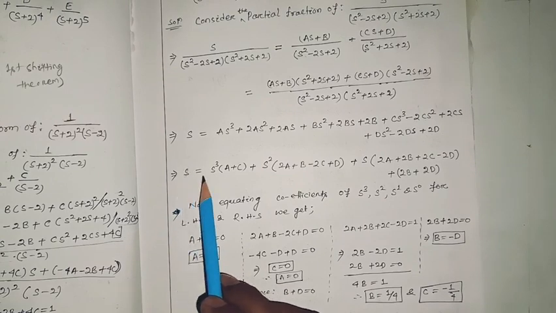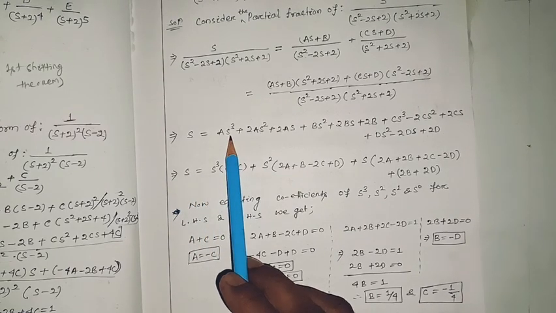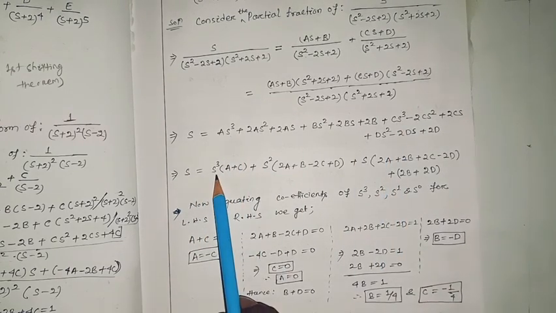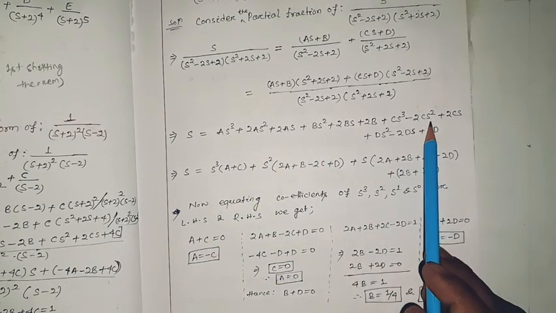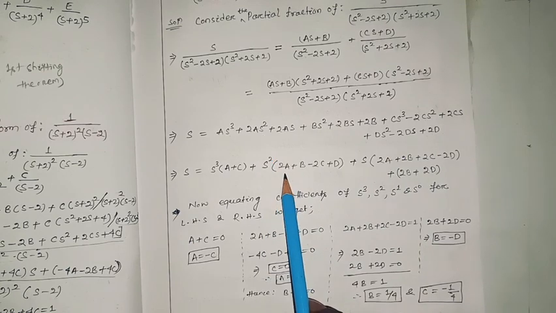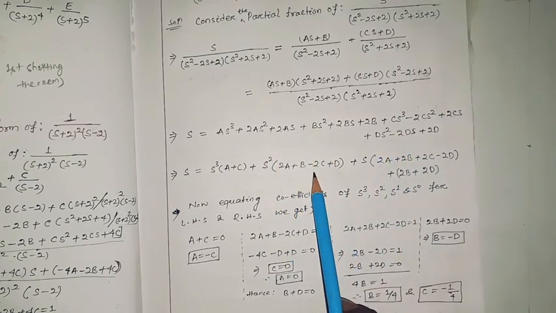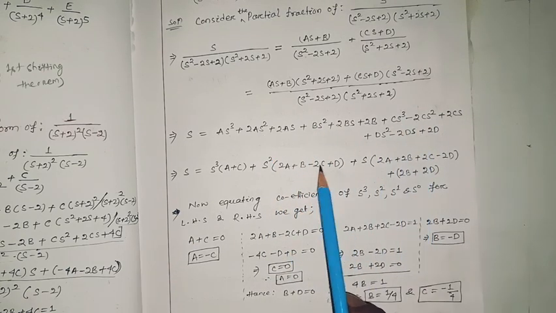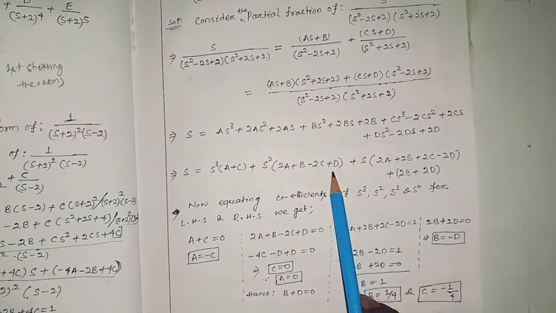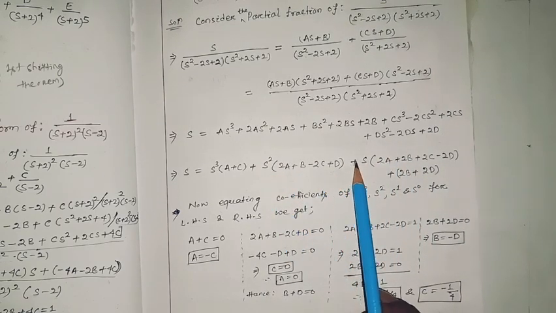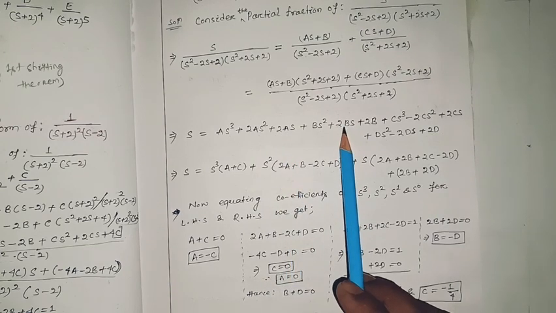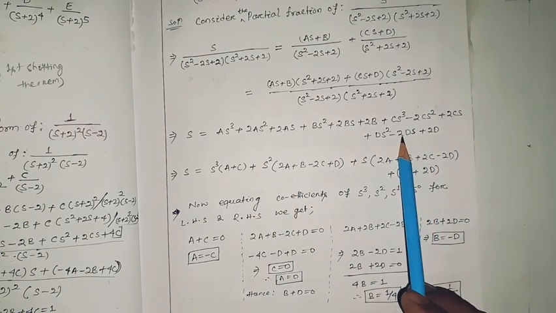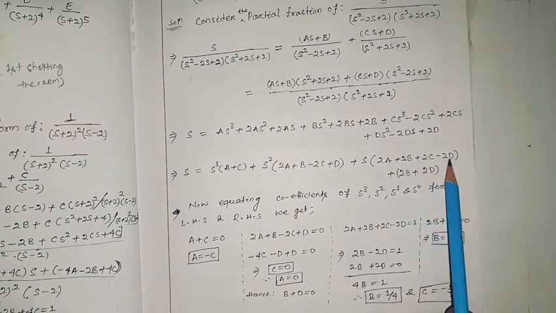That implies s will be equal to: the s³ terms give a plus c. The s² terms are here, here, here: 2a plus b, minus 2c, plus d, plus b. The s terms are 2a, 2b, 2c and 2d, so 2a plus 2b plus 2c minus 2d.